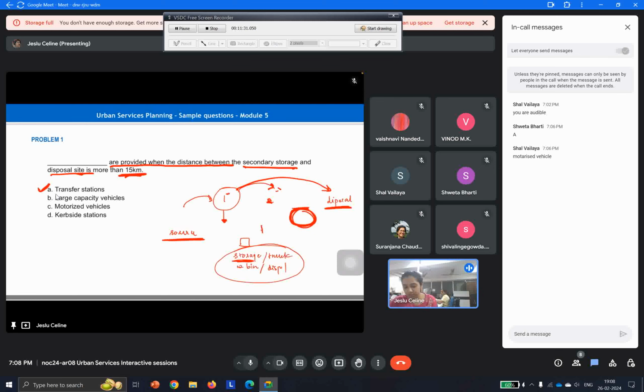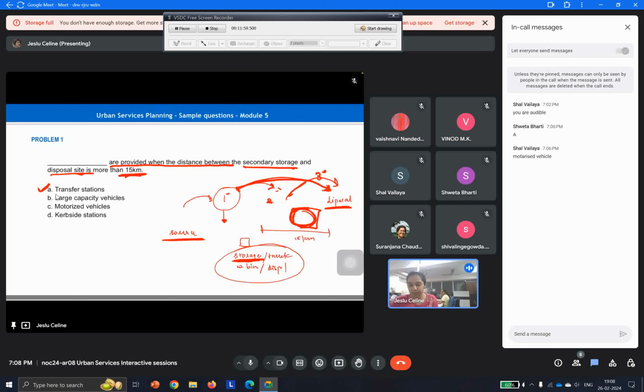If the distance is more than 15 kilometers, generally we say that we need to give a transfer station, or that there has to be an intermediate facility, so you need an intermediate stop. That can be a storage facility, a community bin, or any facility, but that becomes a tertiary collection system.